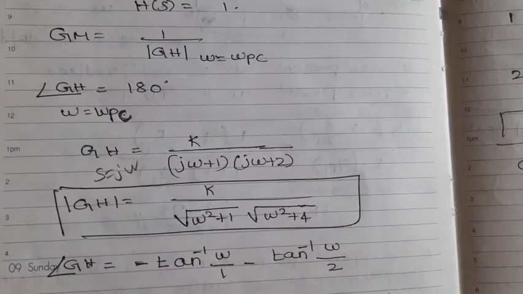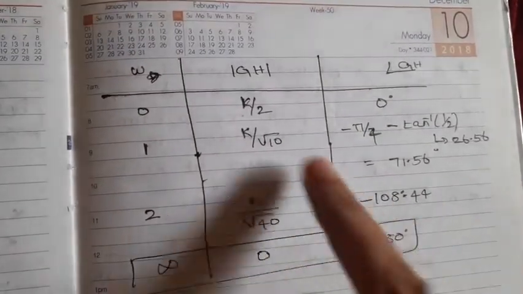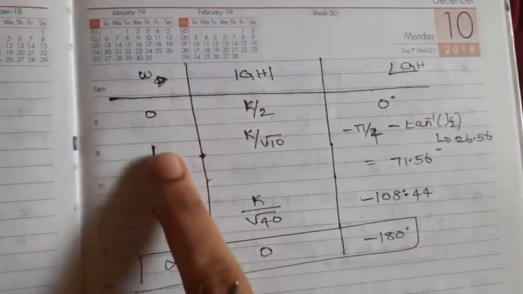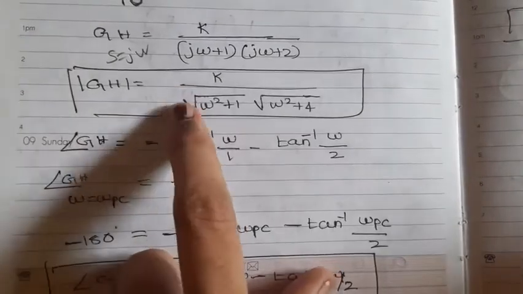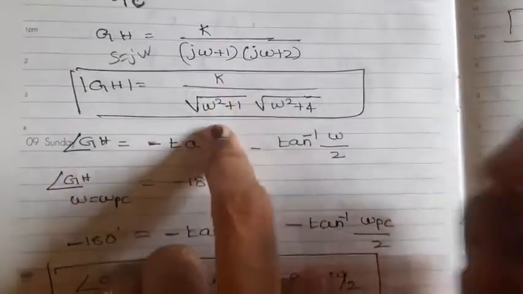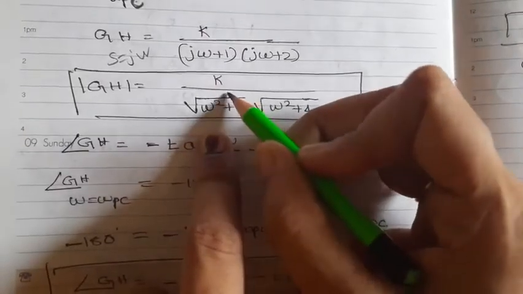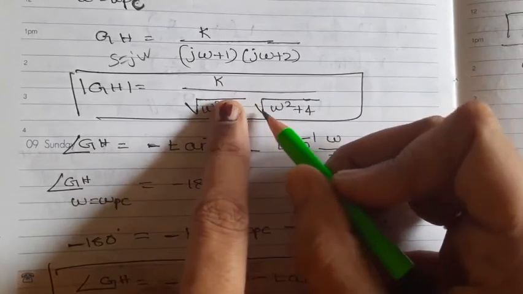Okay, see. This is the magnitude, this is the angle, for omega. So when omega equal to 0, in that magnitude we will get K. Omega equal to 0 means 0 plus 1 only, so we can neglect this term.